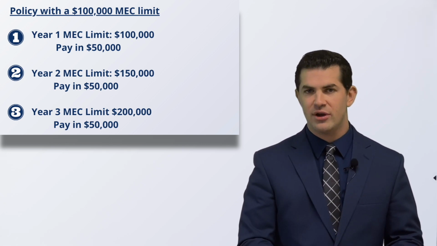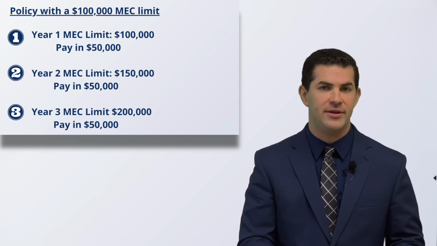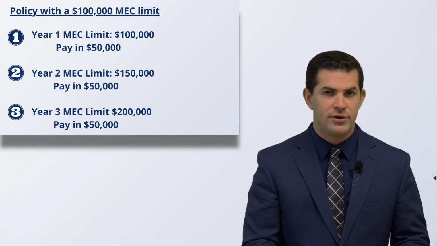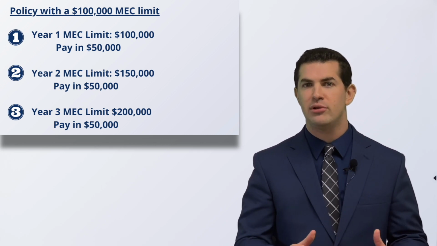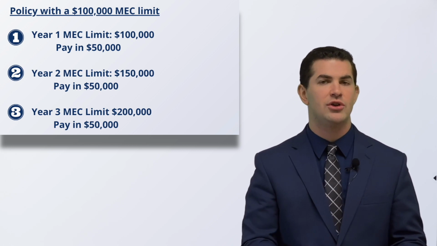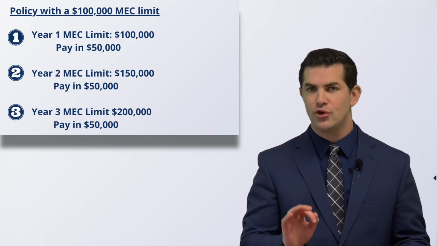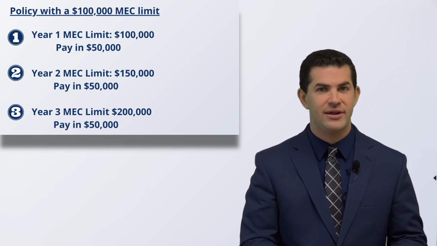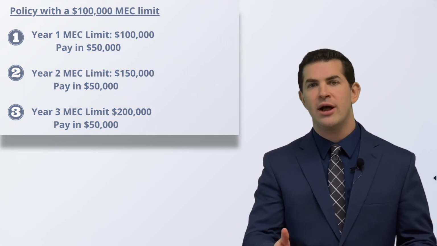What this means is I could have paid in $150,000, but again, I only paid in $50,000. So year three rolls around, the MEC limit resets at $100,000 plus any unused MEC space from all prior years. So year one and two, that rolls over the extra $50,000. So in year three, I could pay in a total of $200,000. And it will continue to compound on itself.